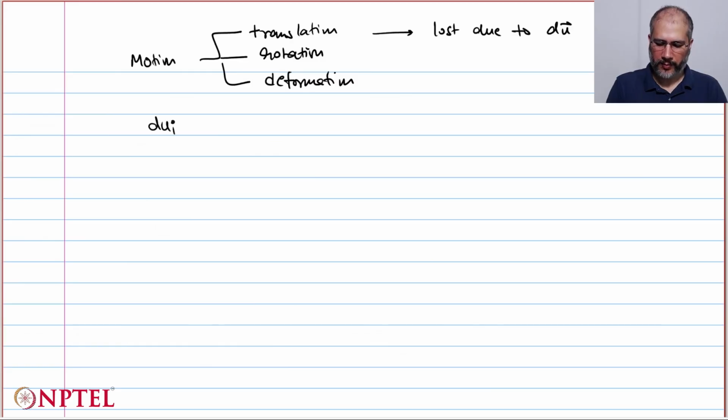So dui, that's the differential displacement vector, in the initial form is written as partial ui by partial capital Xj times dXj.